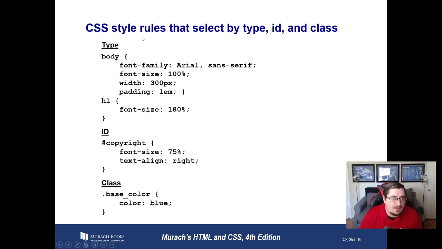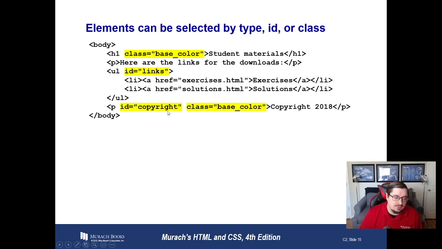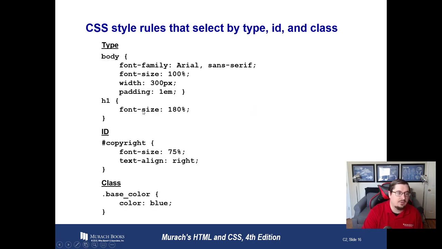So here we've got a body selector. That's going to refer to the body tag. This is going to refer to any H1 that we have on the page. Here we can refer to an ID. Now when we refer to an ID, notice that we put the hash mark in front. So this one would only refer to the tag that has that ID, rather than referring to a tag like a copyright tag.